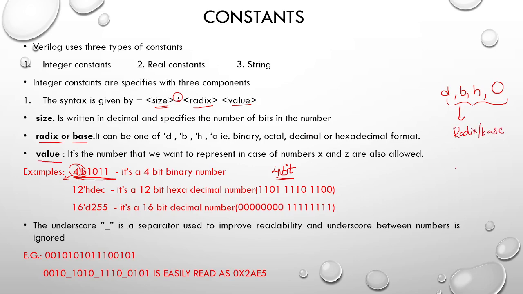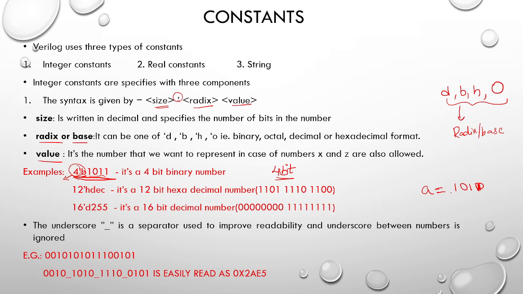And then value. Value means whatever value you want to assign. For example, here my value is 1011, so I want to assign my a as 1011. I can't directly assign it as 1011.